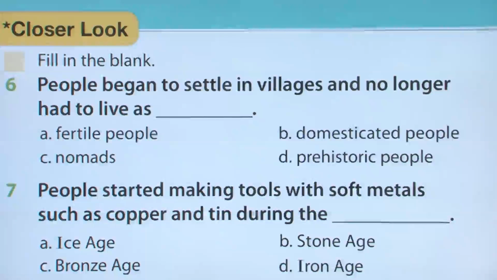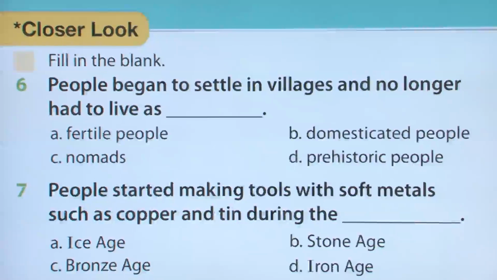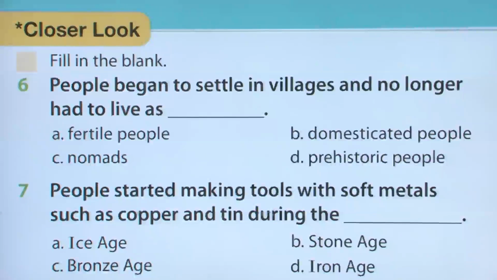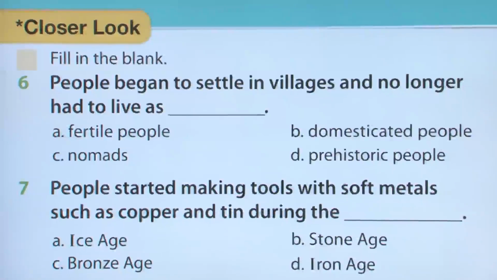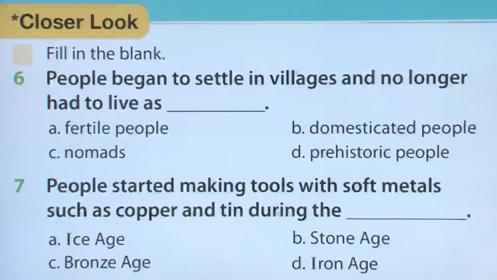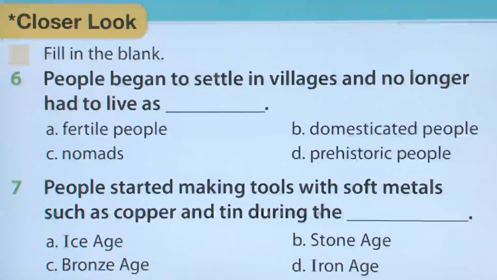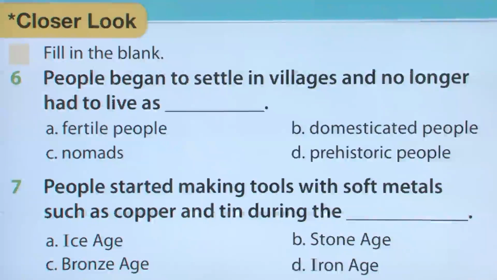Now for fill-in-the-blank questions. Question 6. People began to settle in villages and no longer had to live as blank. What answer best fits in the blank? A, fertile people, B, domesticated people, C, nomads, or D, prehistoric people?